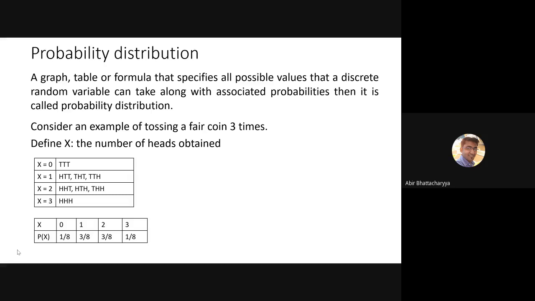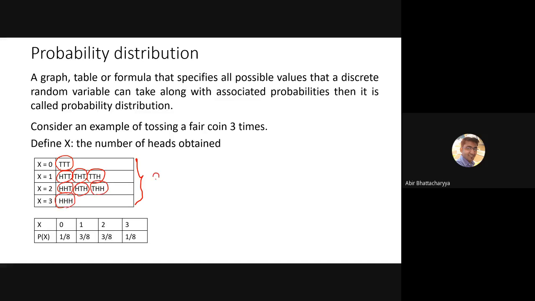Now we can go for the probability. How to decide the probability? First, the total count of the sample space. How many possible ways can we handle the situation? One is all T, then HTT, THT, TTH, HHT, HTH, THH, and HHH.